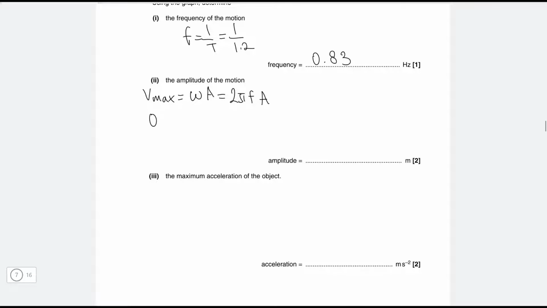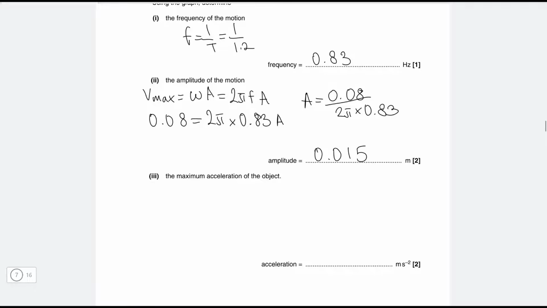So we know that Vmax is 0.08 meters per second, which is equal to 2 pi times the frequency, which is 0.83, times the amplitude. So we can directly rearrange for A. So A will be 0.08 divided by 2 pi times 0.83, and this is going to equal 0.015 meters, or about 15 millimeters.